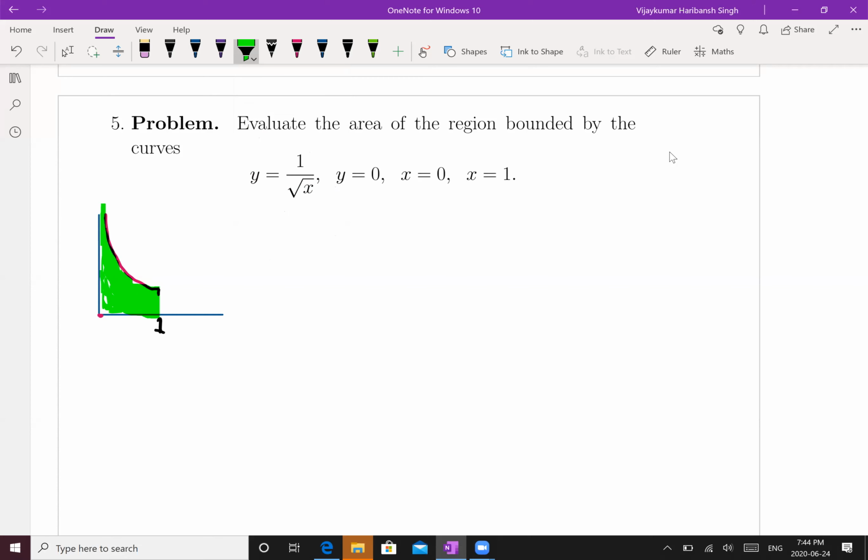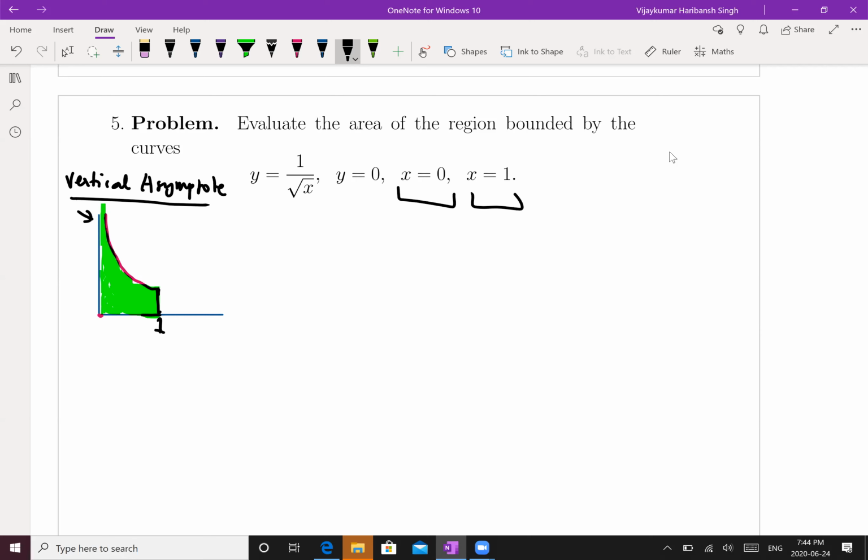Now, if you carefully observe this, here we have a vertical asymptote, right? And these points are also finite. I mean, you're not going to infinity or something.